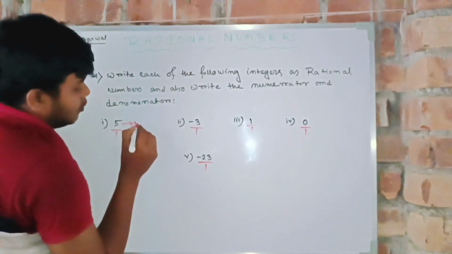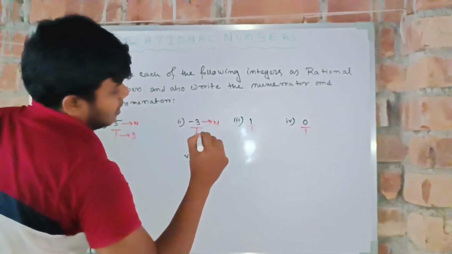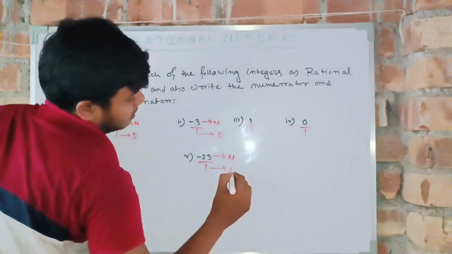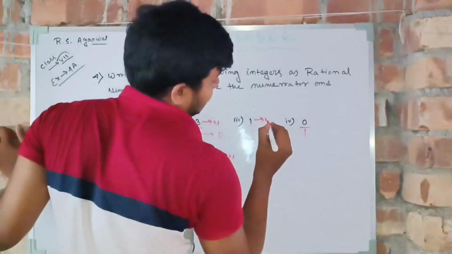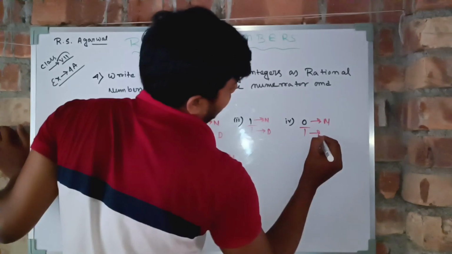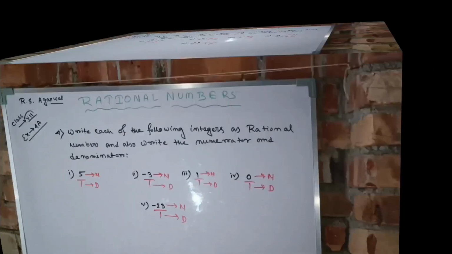Here 5 is numerator, 1 is denominator, -3 numerator, 1 denominator, 23 numerator, 1 denominator, 1 numerator, 1 denominator, 0 numerator, 1 denominator. This is our answer. I hope you all understand that.